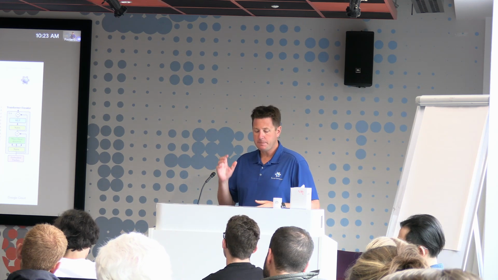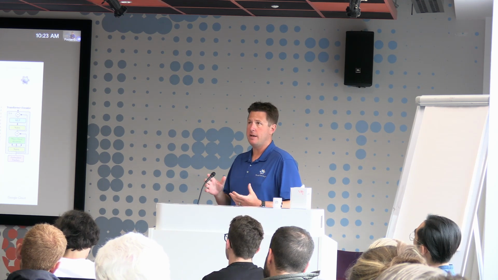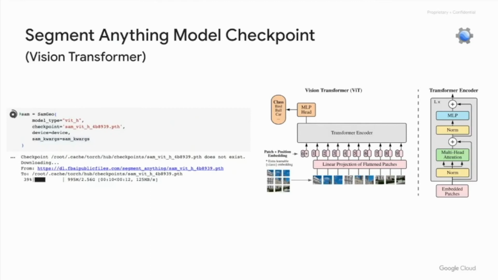So Facebook makes this file available. It's a vision transformer. It's model H. There are some options. There's like 2 other models that you can use as well, but this is the one that everyone seems to think is the best performing, but it's large. So this one is almost 3 gigabytes. And so the first time you run this, it will download this checkpoint and put it into your Torch working directory.